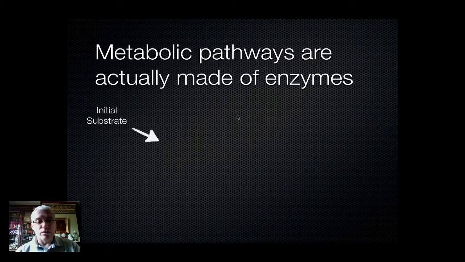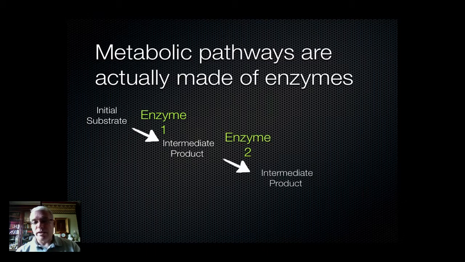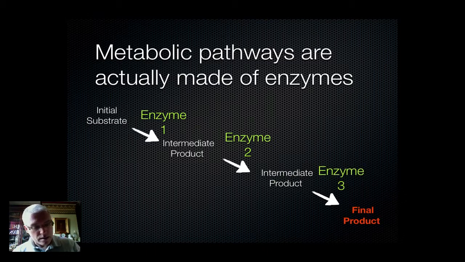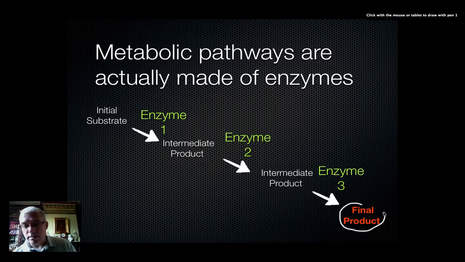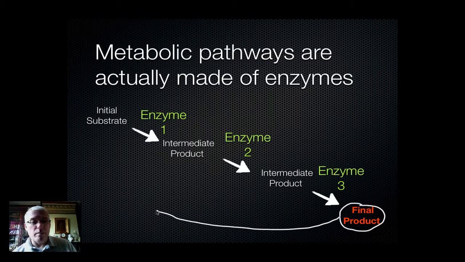So let's use our diagram from earlier to see this. So here's our enzyme pathway, and we're getting down towards our final product. Okay, and what happens here? What happens is the final product is going to become a competitive inhibitor for enzyme 1.